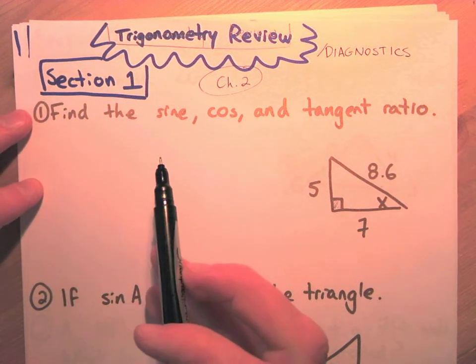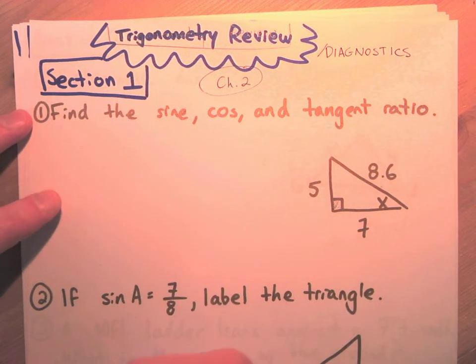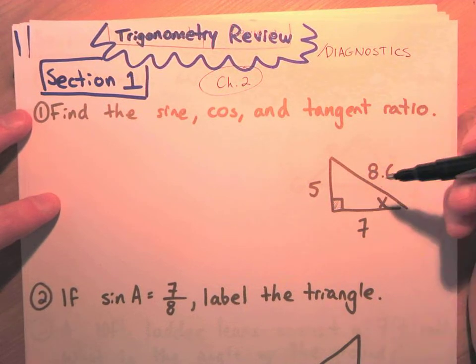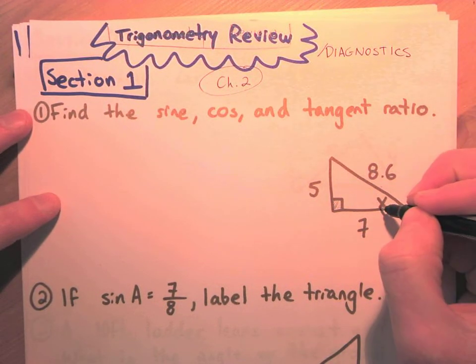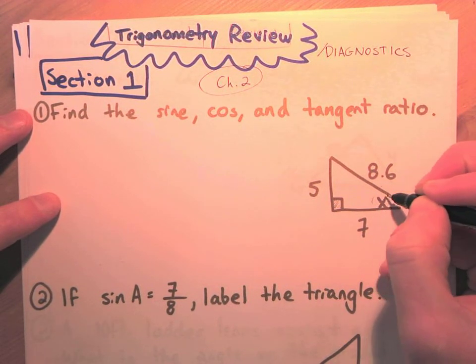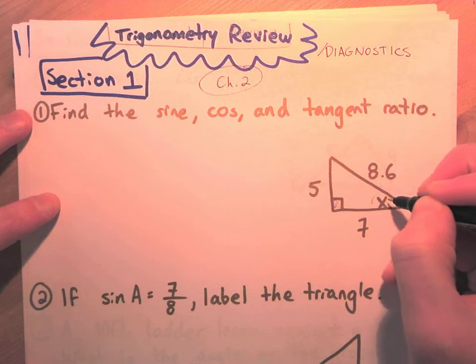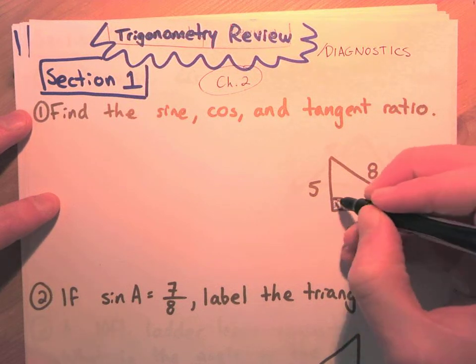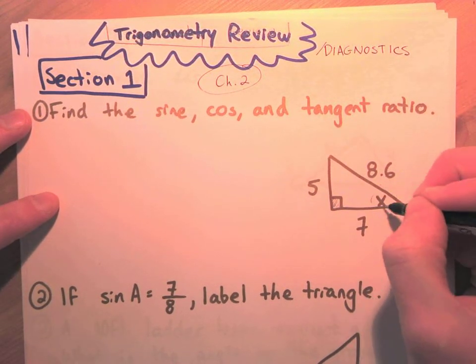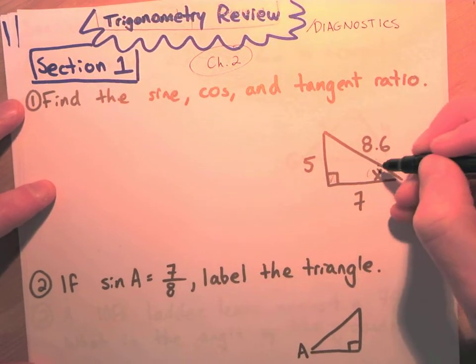So it says find the sine, cos, and tangent ratio. The first thing we always have to do with these triangles, if you remember, is you look at your angle that you're trying to find, or the angle that you denote that you're going to use. And that's going to be this x, because that's the only one. You never use the 90-degree one. So let's mark up our triangle.